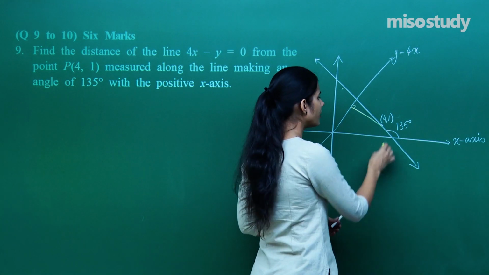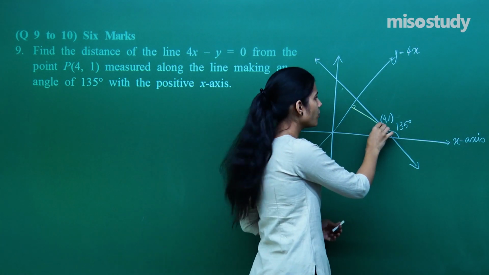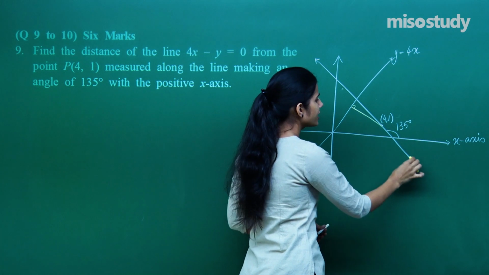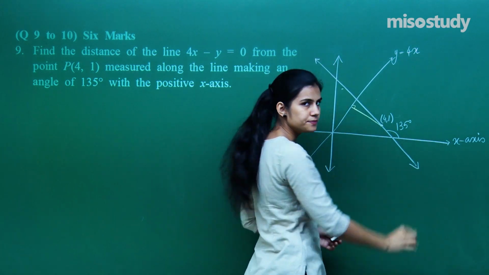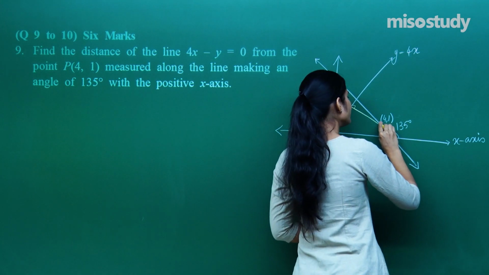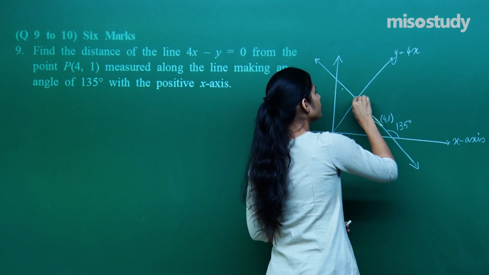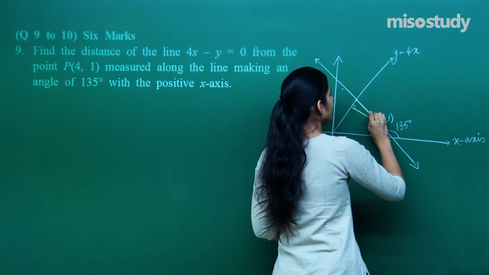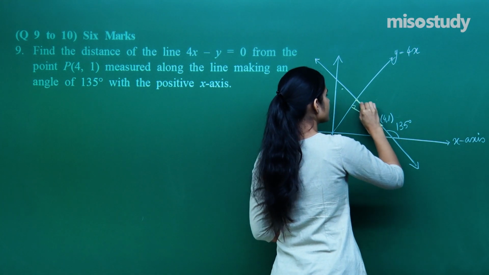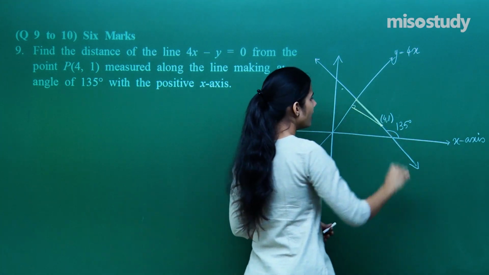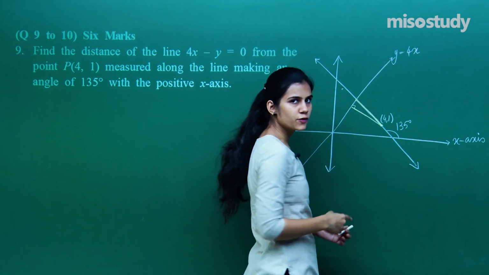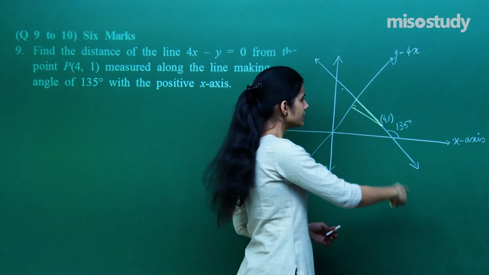But it is asking you to find the distance of this point from the line y equals 4x, but along this new line. That means walk along this line from 4, 1 and stop when you reach the line y equals 4x and calculate this distance. How far is 4, 1 from y equals 4x, but when you travel along this new line?